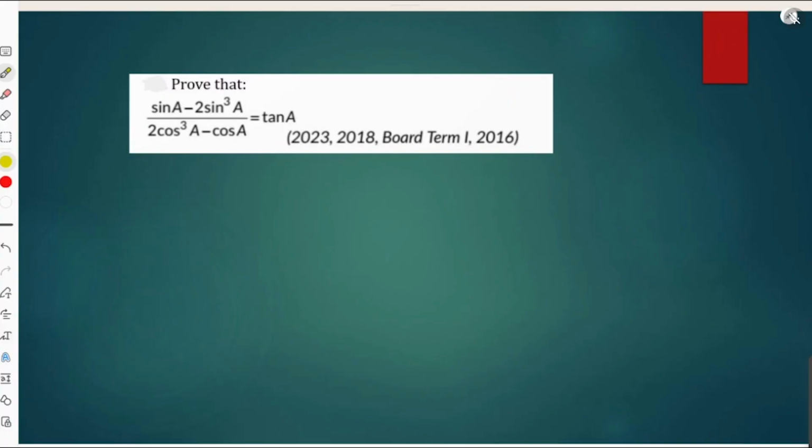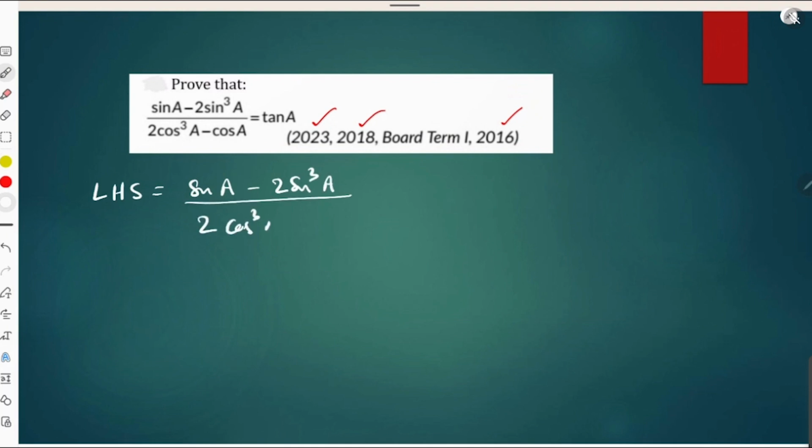Let's look into another PYQ, previous year question, which is repeated many times. 2023, 2018, 2016 also given. Very, very important one. So let's take LHS here. Sin A minus 2 sin cube A divided by 2 cos cube A minus cos A. In the numerator, what maximum can you take common?